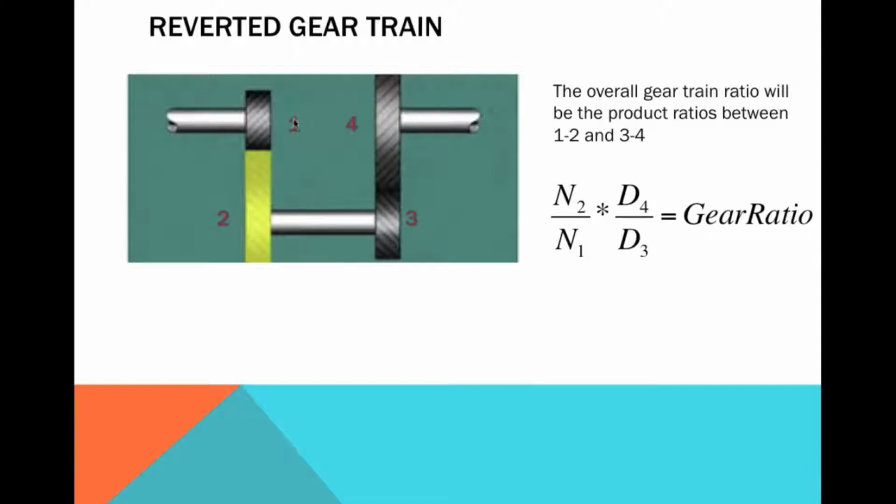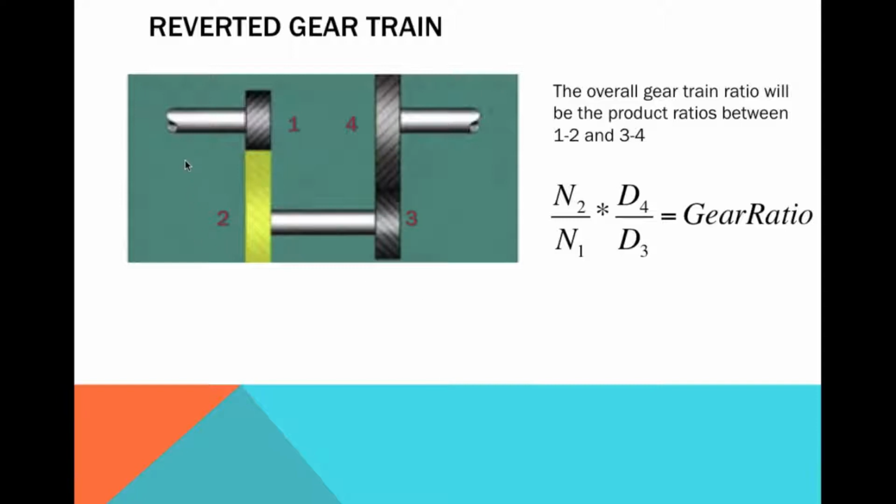The challenging thing about designing one of these is that the center distance has to match: the diameter of 1 plus the diameter of 2 divided by 2 has to equal the diameter of 4 plus the diameter of 3 divided by 2. That keeps the shafts parallel.